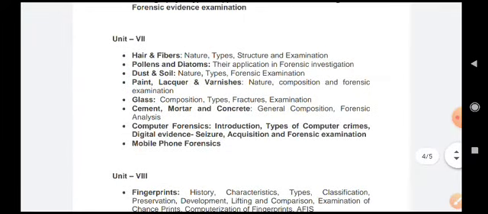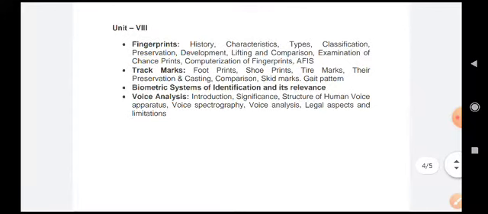Unit 7 has parts of forensic biology, forensic physics and computer forensics and mobile phone forensics as well. So here the majority of the questions do not come, but a few questions, like 6 to 7 questions, usually you can find in the paper. Unit 8 has 4 different subtypes, you can say: fingerprints, track marks, biometric systems and voice analysis.